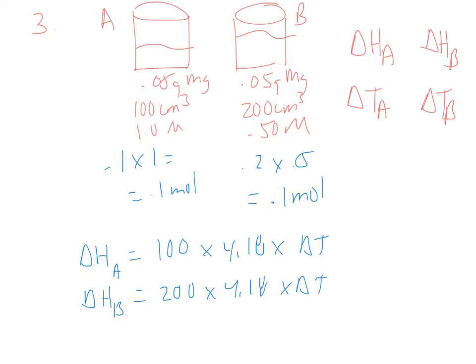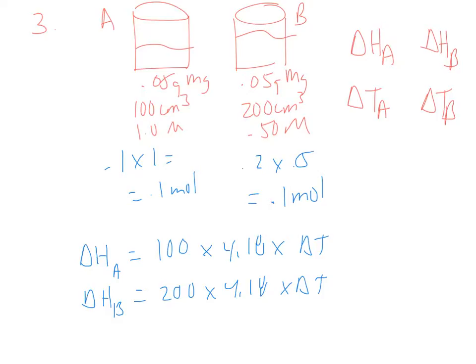So if these two have to equal each other, delta T for B is going to have to be less than it is for A. A is going to have twice as much for these to equal each other. Another way to think of it is, even though B is going to have the same heat energy, it's got more mass to distribute that heat energy in.